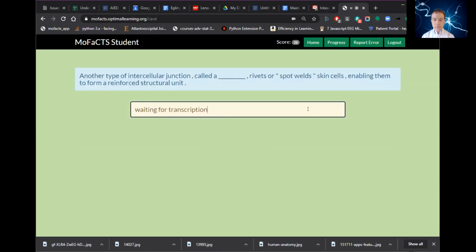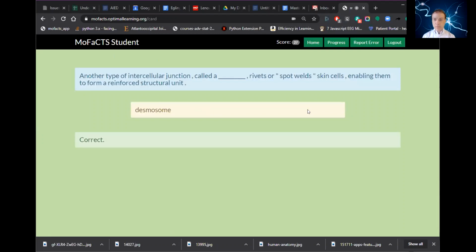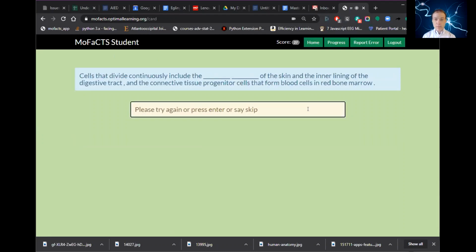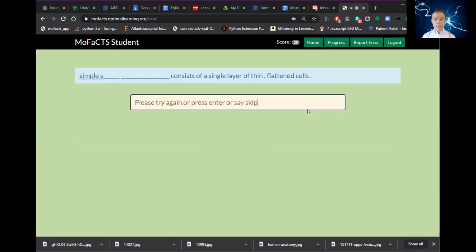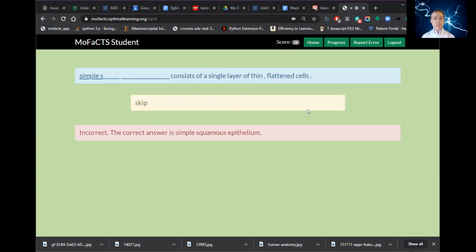Desmosome. Correct. Epithelial cells. Correct. Skip. Incorrect. The correct answer is simple squamous epithelium. Mm-hmm. Simple squamous epithelium.